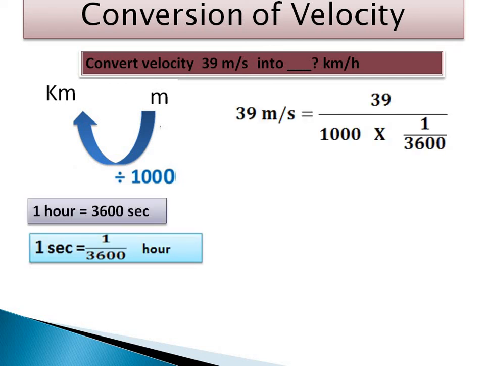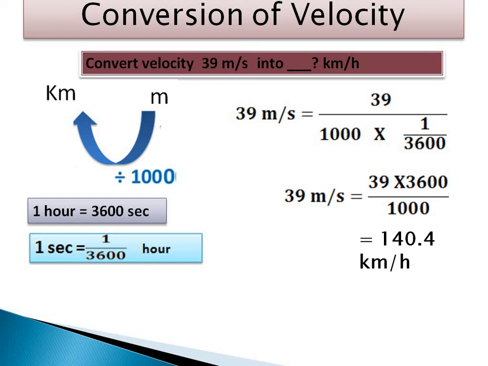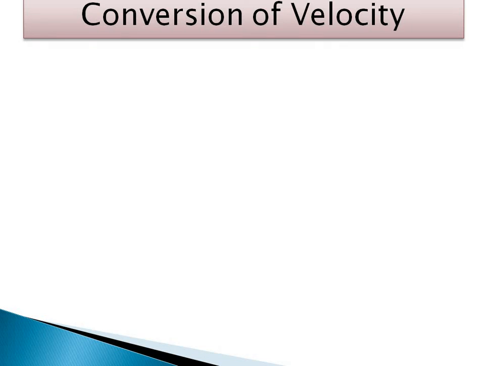So 39 meter per second can be converted as 39 divided by 1000, and per second to per hour is nothing but 1 by 3600. So it is nothing but 39 into 3600 divided by 1000, so it is equal to 140.4 kilometer per hour.